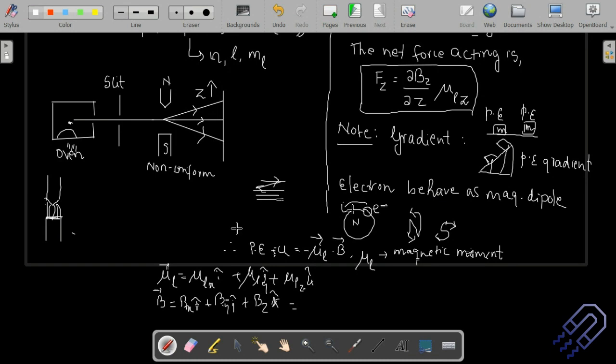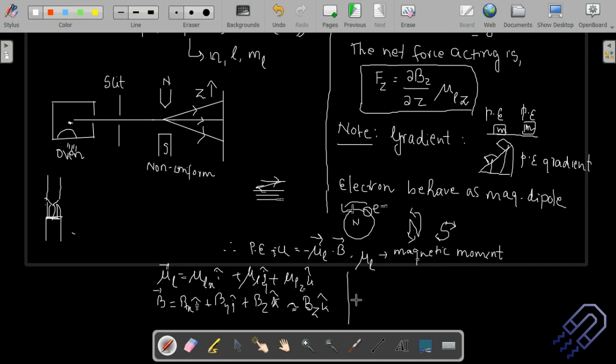But we are applying the magnetic field according to our own will, along the z direction. So there is no magnetic field along the x or y direction because we are controlling this field. So we can simply write it down as B_z.